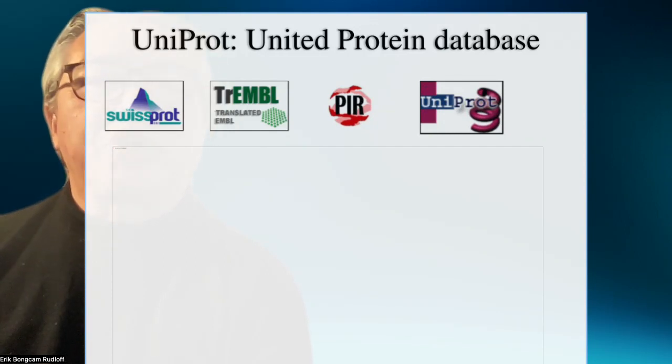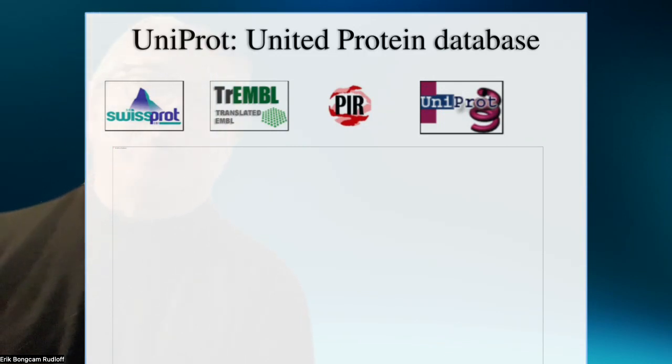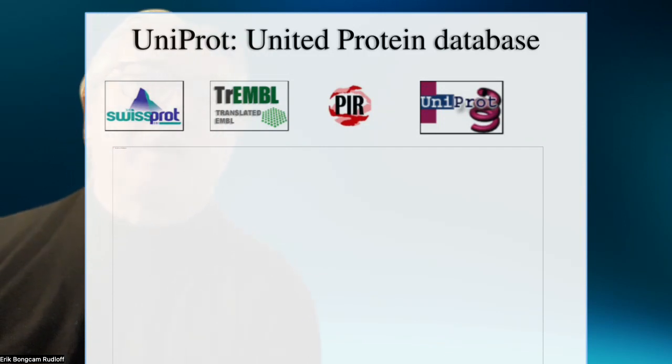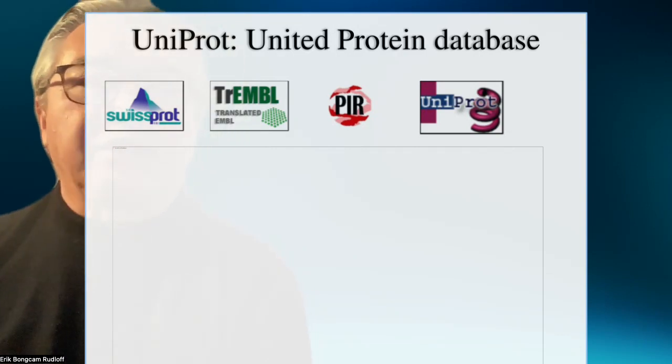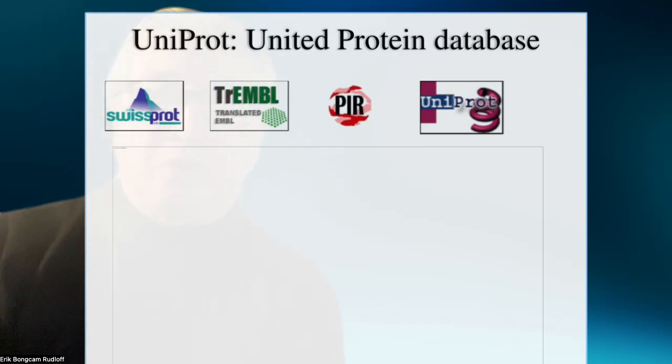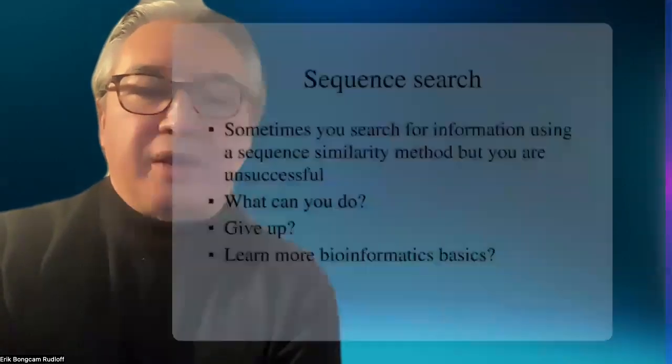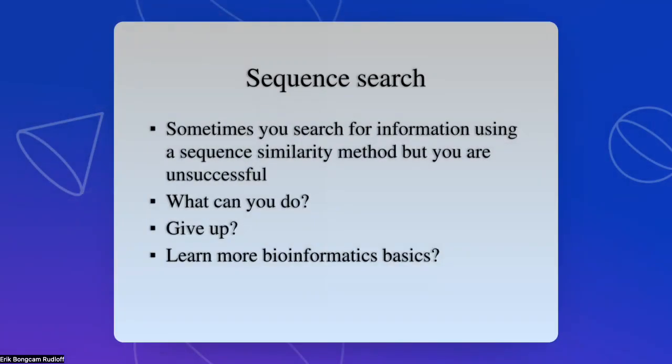So when you search with a protein sequence in a protein database, or you go to a place where you can use BLAST, you will not search the individual databases. You can do that, but in most cases, you will search in UniProt. And UniProt is very easy. UniProt is just all these databases in one.